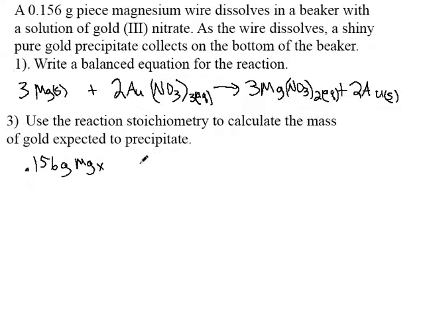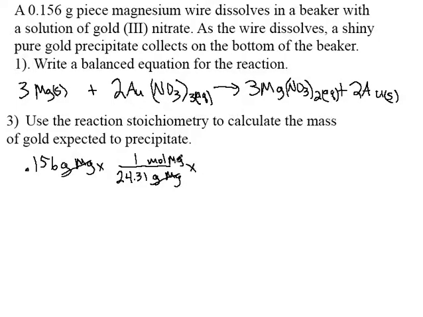So we're going to put what we want on the top, that's moles of magnesium, and what we have on the bottom is grams of magnesium. Now, if we look at the periodic table, we'll see that 1 mole of magnesium weighs 24.31 grams. The grams of magnesium cancel, and now we are in moles of magnesium.